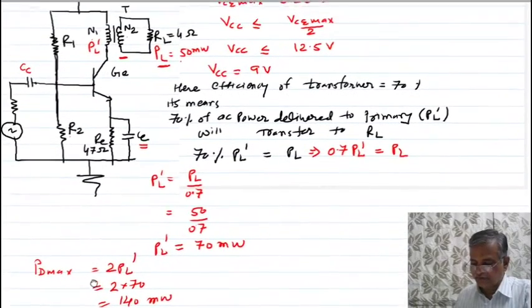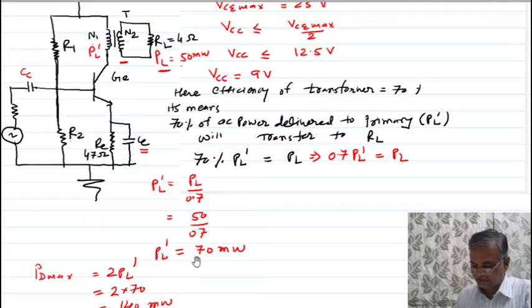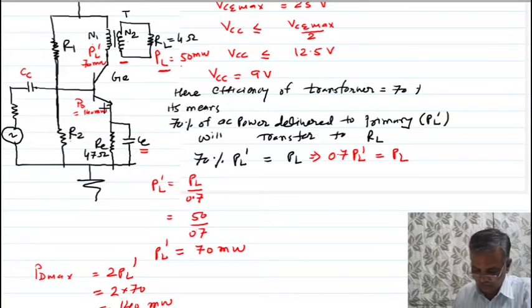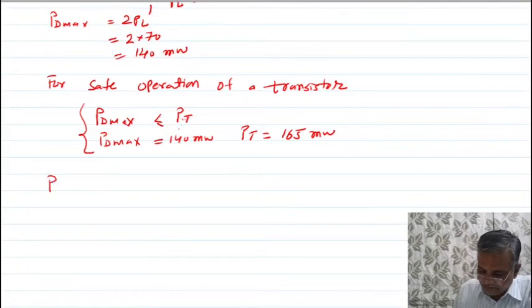So once we have calculated VCC, we have calculated how much you require here: 70 milliwatt. Here PD, how much are you getting? It is 140 milliwatt. Now let us proceed further. What is RL dash?